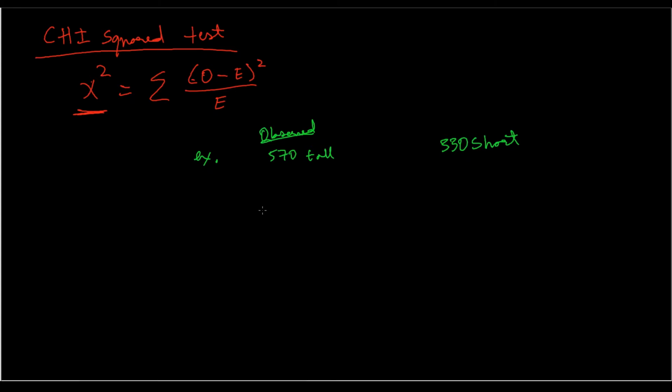Think about it like this. If I took a coin, it has a head side and a tail side, right? If I flipped it 50 times, let's say I got 27 heads and 23 tails.